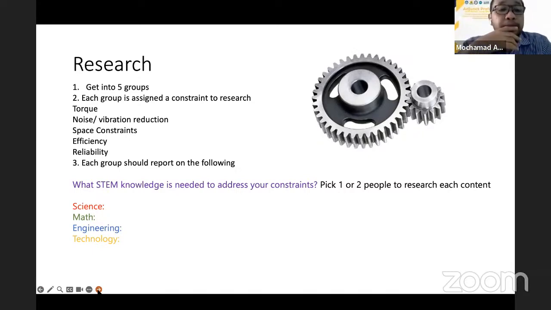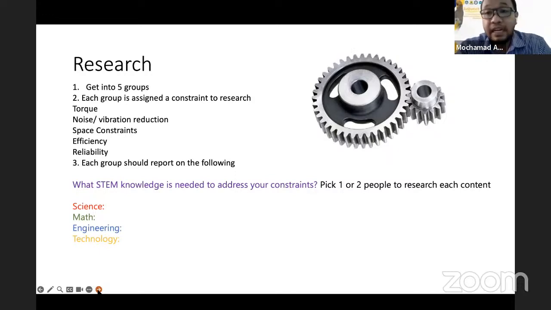Kemudian riset ini satu grup meneliti tentang torsi, kemudian tentang kebisingan dan getaran, kemudian tentang batasan space atau batasan tempatnya, kemudian masalah efisiensi, dan ada grup lagi yang tentang reliability.